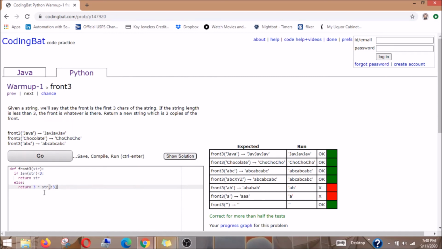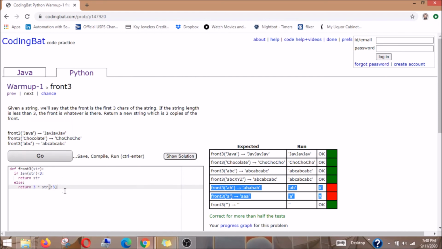That is a good question. There are errors if it is less than 3. If the string length is less than 3, then the front is whatever is there, right? Then why is it showing this? These two lines are confusing me.